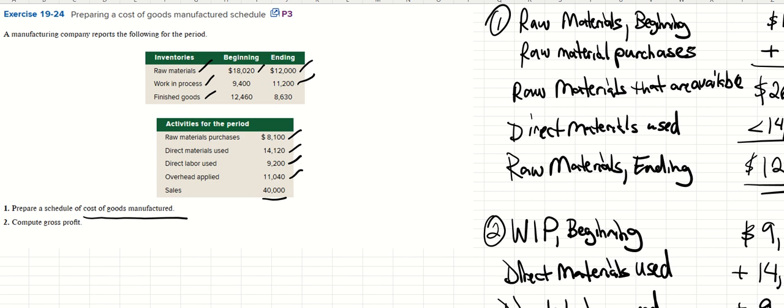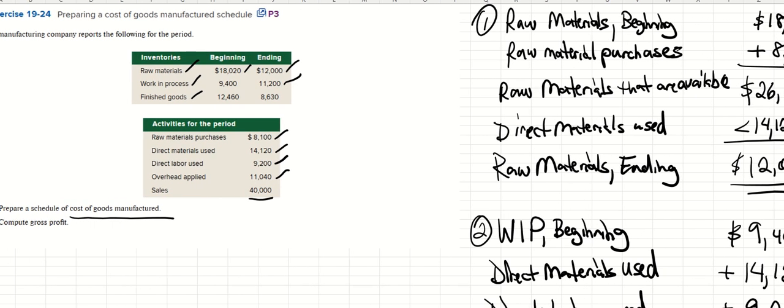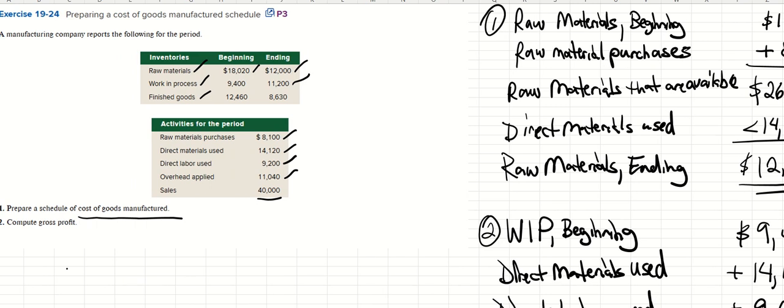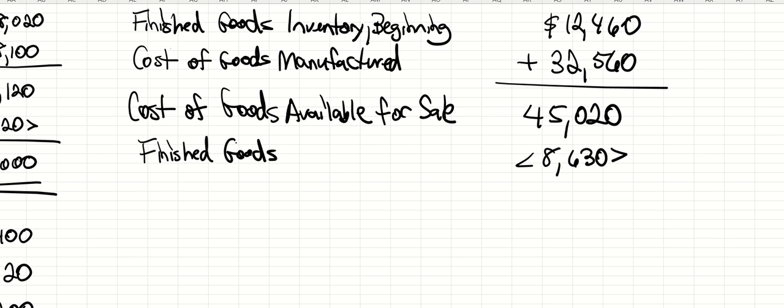So with this schedule here for the finished goods inventory account, in order to get to the cost of goods sold, we're now going to subtract the ending balance reflected in the finished goods inventory account of $8,630. So we're going to subtract $8,630, our finished goods inventory ending balance, to get to our cost of goods sold.